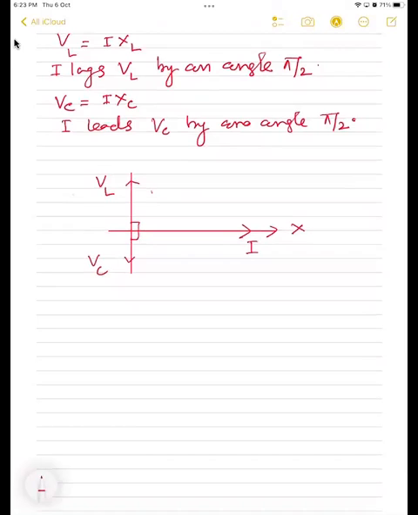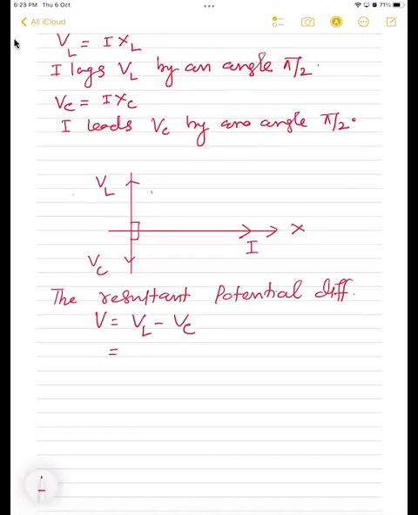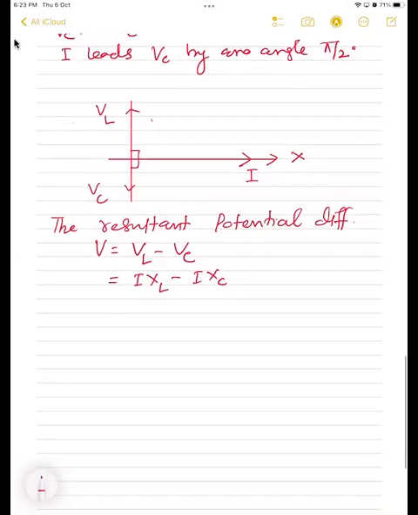So the net potential difference will be how much? The resultant potential difference will be how much? That is net voltage is equal to VL minus VC, because one is upward and one is downward, right? Net will be subtracted. I XL minus I XC, that is I into XL minus XC.